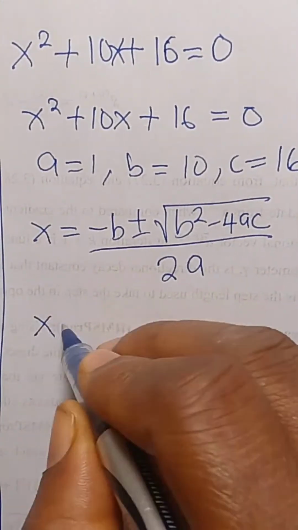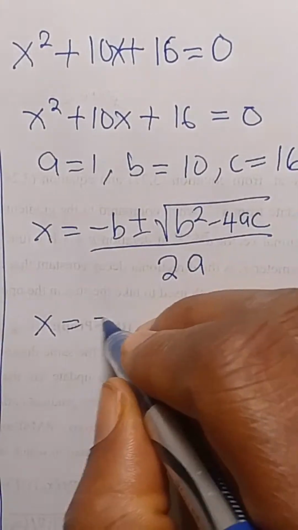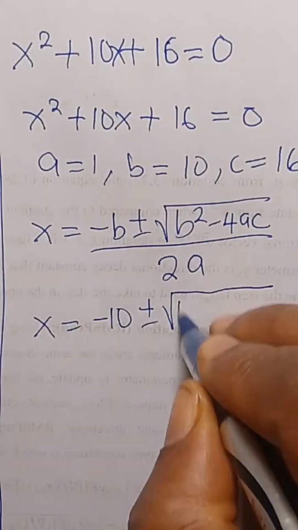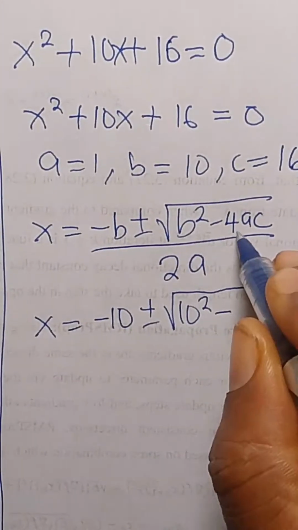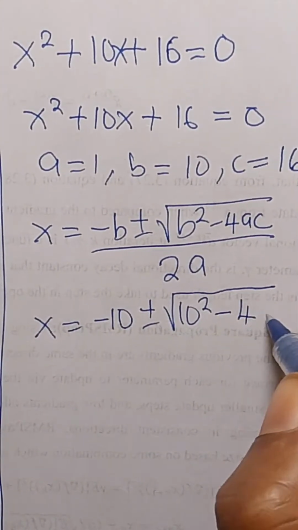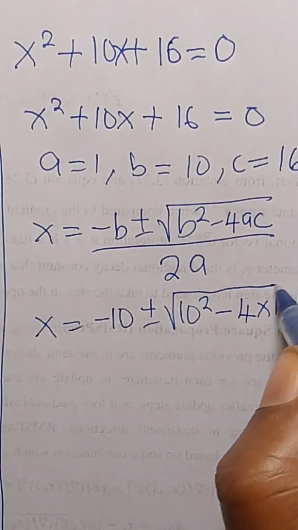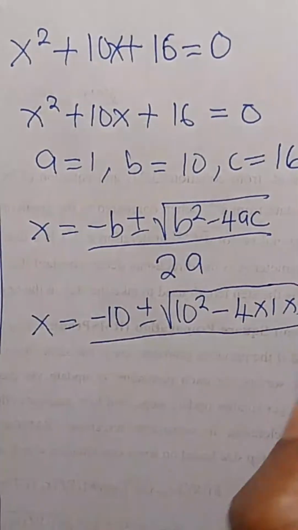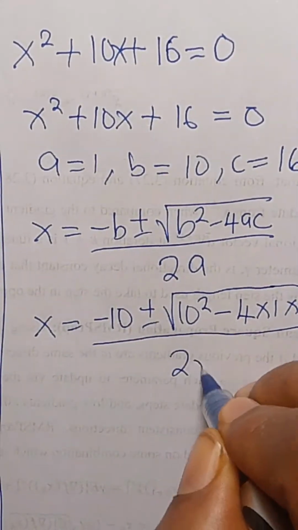So our x is equals to minus b is minus 10 plus or minus square root of b square is 10 square minus 4ac. 4 times a is 1 and times our c is 16 all over 2 times 1.